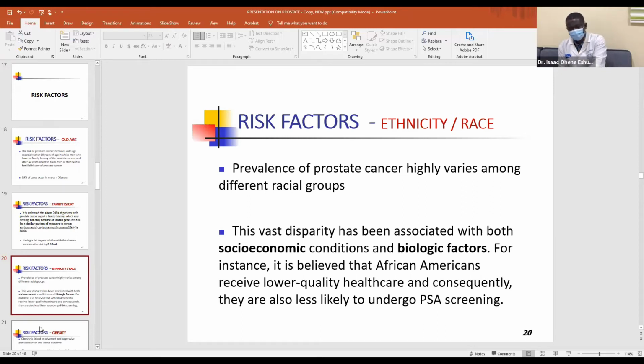If you look at the highlighted reasons, we're looking at socioeconomic factors and biological factors. And mainly, if you look at Blacks, the quality of healthcare among this group of people is not the best. And again, their inertia to even go to the hospital for general screening is also not the very best.